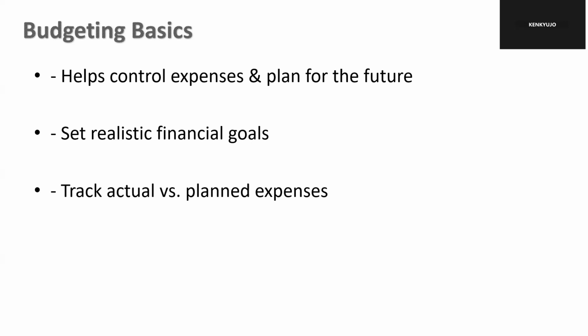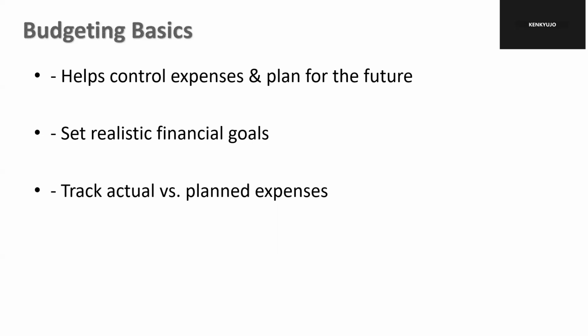And also it will support the organization to plan for future activities. Then set realistic financial goals. Based on the budget, the organization can create financial goals. Those are very realistic because those are based on the budgets. Track actual versus planned expenses.